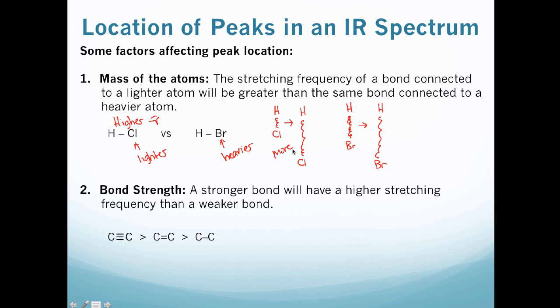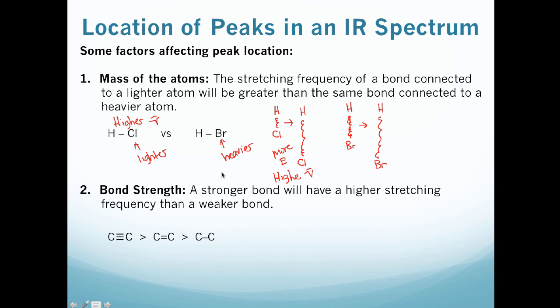So that's one way to think about the mass of the atoms. Since it requires more energy to stretch out the HCl spring, and higher energy also means higher wave number, then we can also relate the location of the peaks to bond strength.